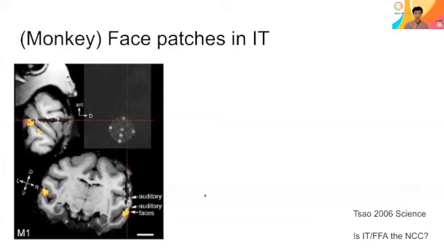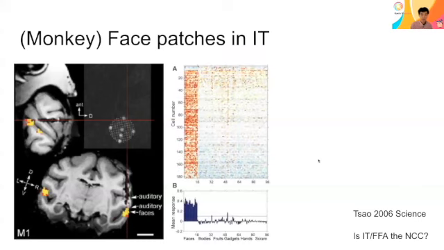Then she penetrated the brain with an electrode and recorded neurons only from that area. She found more than 180 neurons in that area that responded to anything visual.